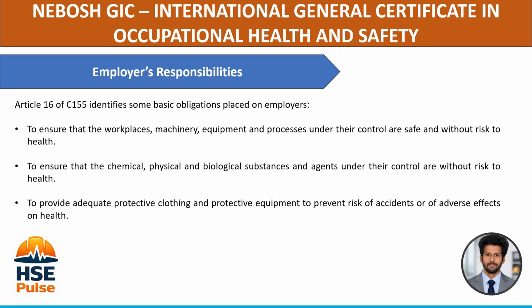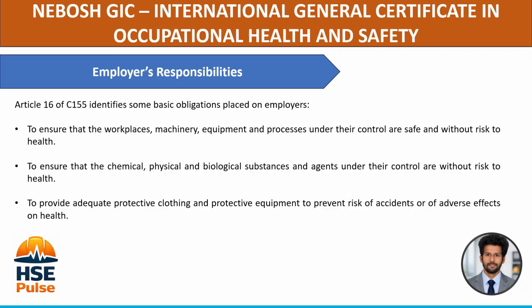Then employers' responsibilities. As per Article 16 of C155, the Occupational Safety and Health Convention, the following things are mentioned: to ensure that the workplaces, machinery, equipment, and processes under the control of the employer are safe and without risk to the health of the workers.